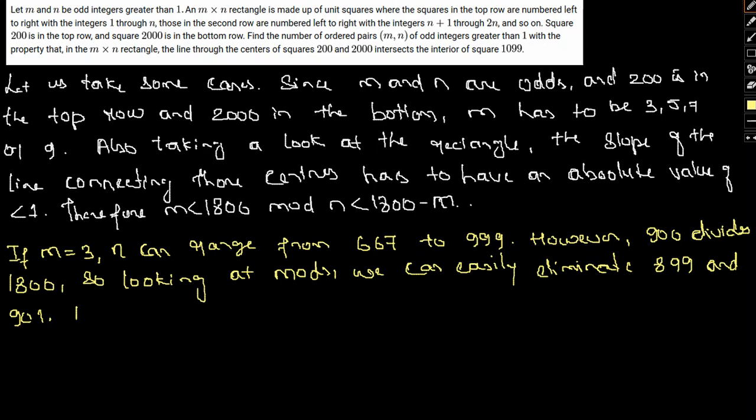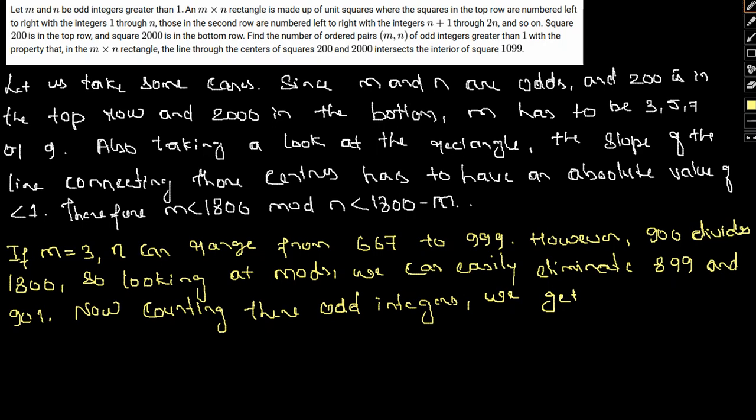Now counting these odd integers, we get 167 minus 2, equal to 165.